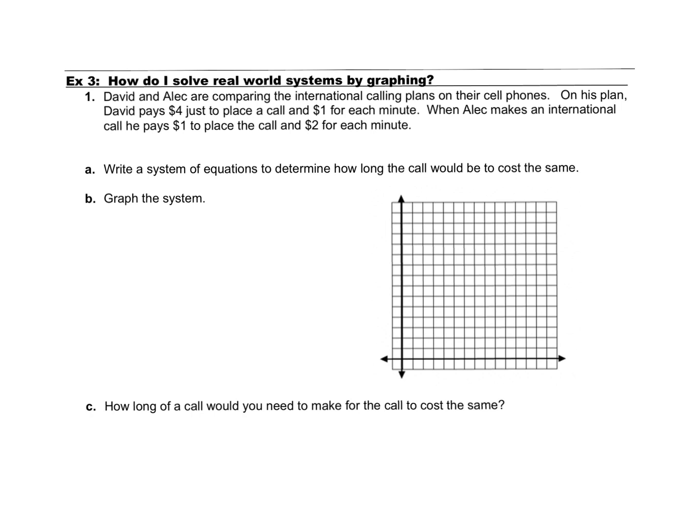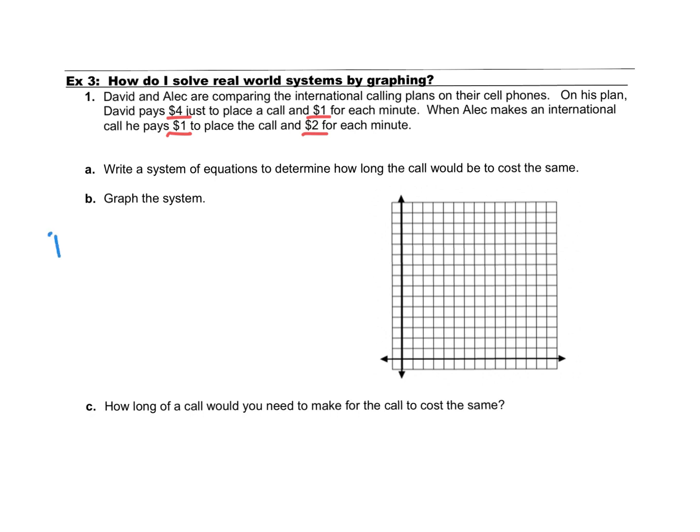All right, so example number 3, how do I solve real-world systems by graphing? So David and Alec are comparing the international calling plans on their phones. On his plan, David pays $4 to just place a call and $1 for each minute. Where Alec makes international calls, he pays just $1 to place a call, but he pays $2 for every minute.